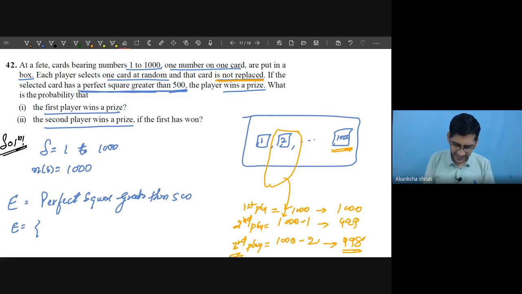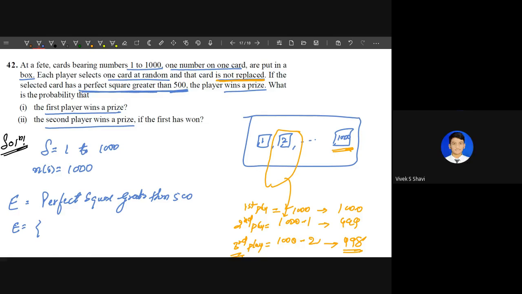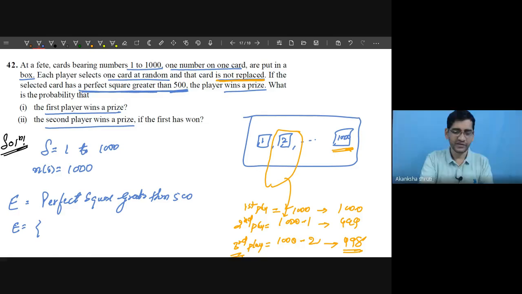Even in math, I have told you to remember up to 30 or 35. What is the first number just ahead of 500 which is a perfect square? Just tell me quickly. Yes, students. Sir, 529. Good.